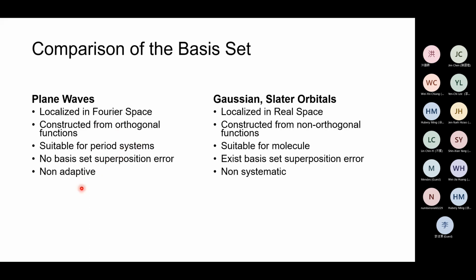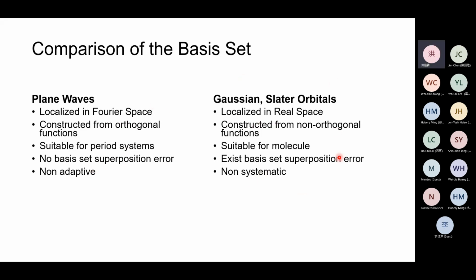However, it's not adaptive. The main problem of a plane wave is that it uses the same resolution everywhere in the box, even where there are no electrons, so we need more resources to describe the no-electron part.